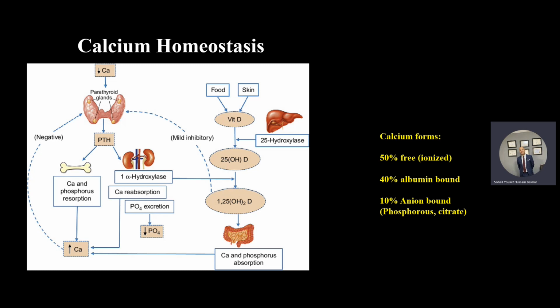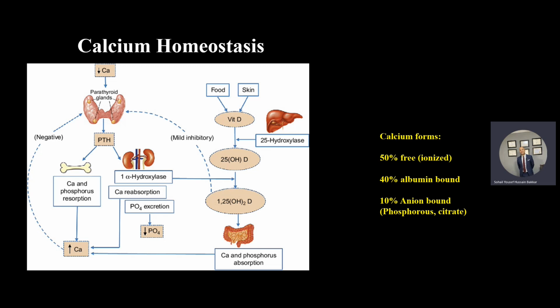So it is autonomously releasing its product in excess, and it has nothing to do with any calcium deficiency in blood. And therefore, what would happen is that the parathyroid hormone levels are high, and this is paralleled by elevated serum calcium levels.